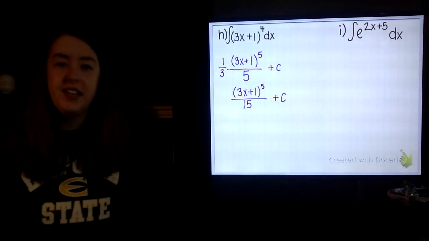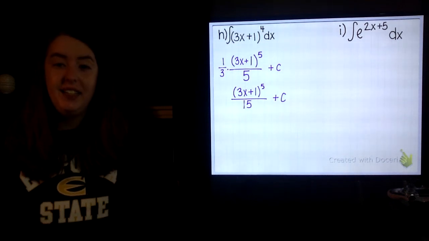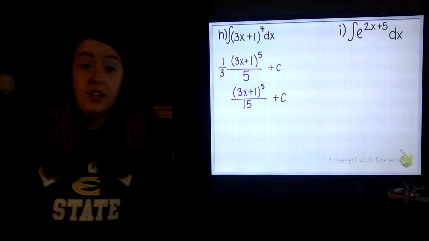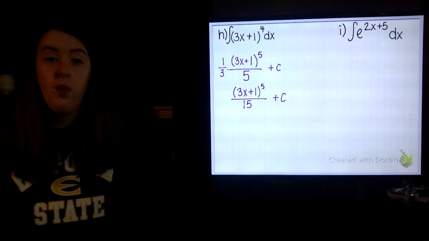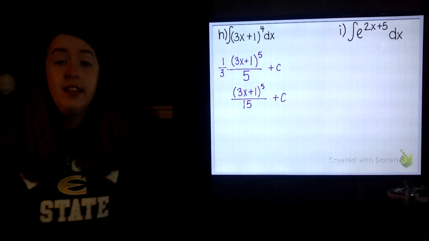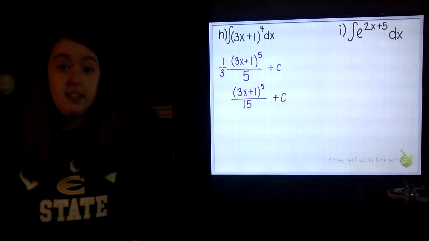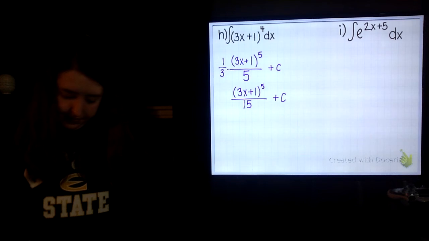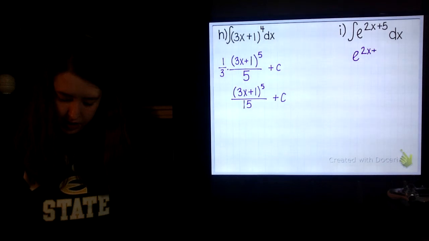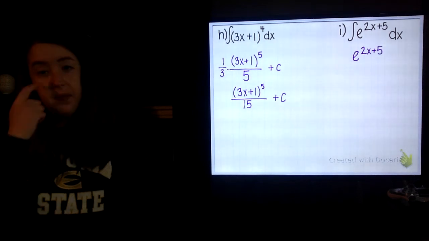Over here, we're going to take the integral of e to the (2x plus 5). First we're going to look at the outside. What is the integral of plain old e to the x? The integral of e to the x is e to the x. I'm going to keep e, and that exponent won't change: 2x plus 5.